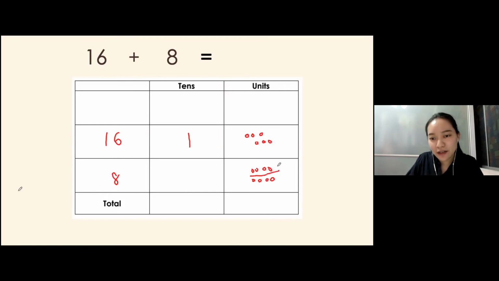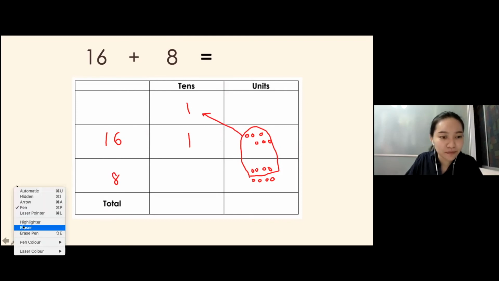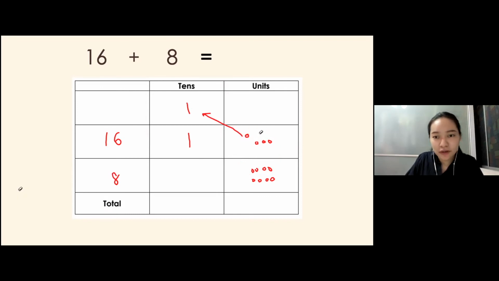I have 10 here. So let's change the 10 units into 1 ten. So all this has gone to become 10. They go to the 10 house already. So how many do we have in total now? We have 4 units, and then we have 2 tens. So the answer is 24.